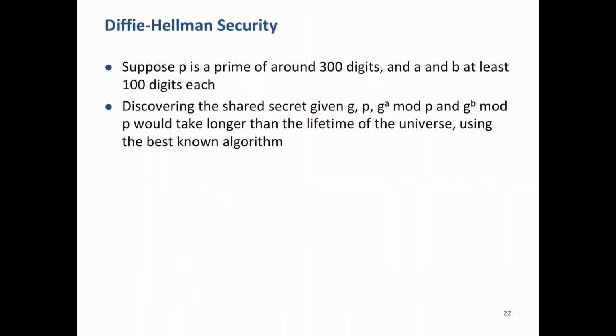Now we have to see what the security is. For example, let's assume that P is a prime of about 300 digits and A and B are at least 100 digits.